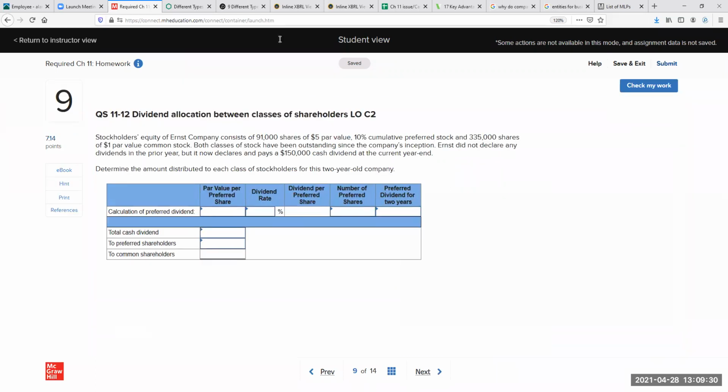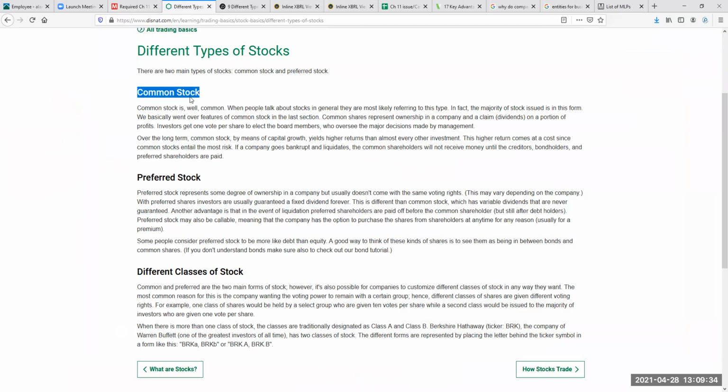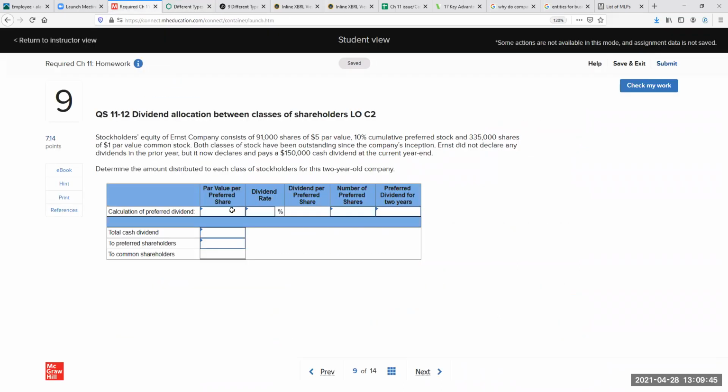Now let's talk about the situation where there's common stock and preferred stock. What do these people get? They're guaranteed a dividend, but the common's not. So let's see if we can calculate it out. What's the par value of the preferred? $5.